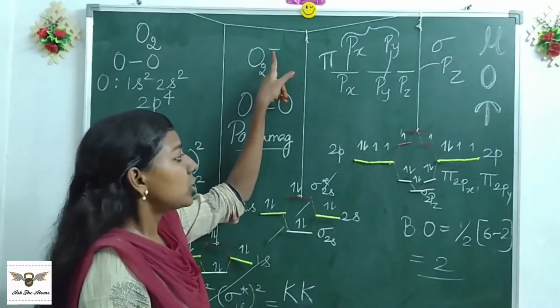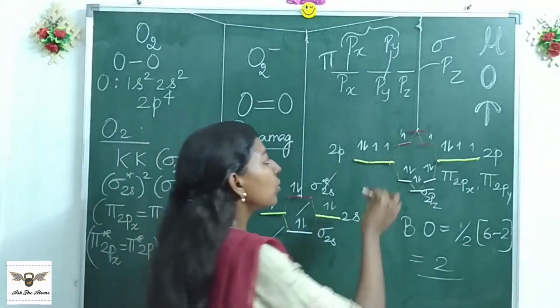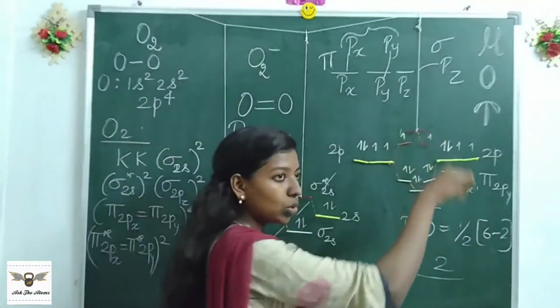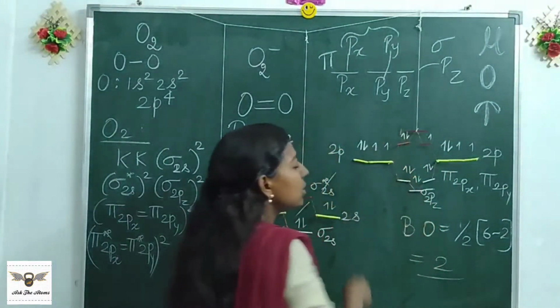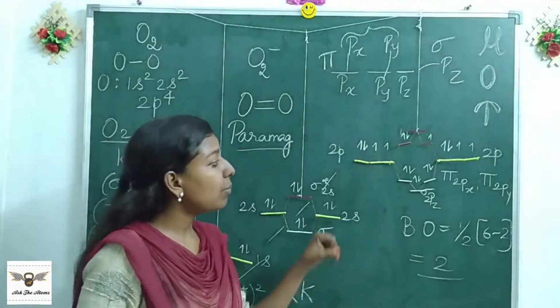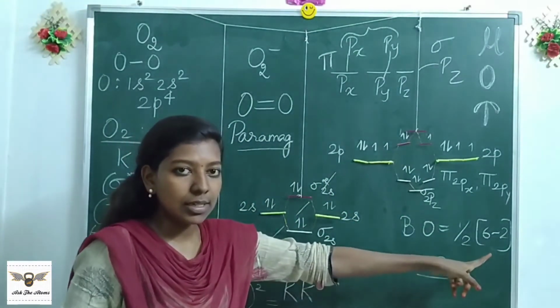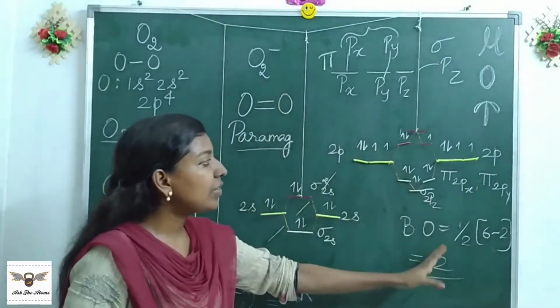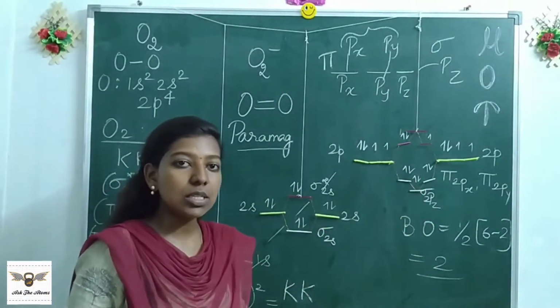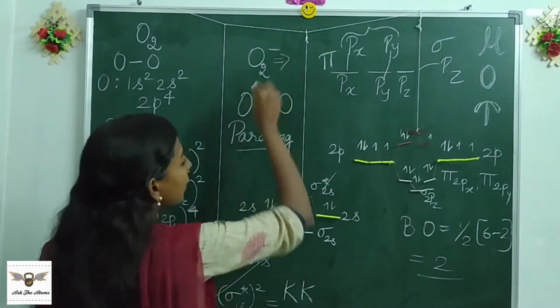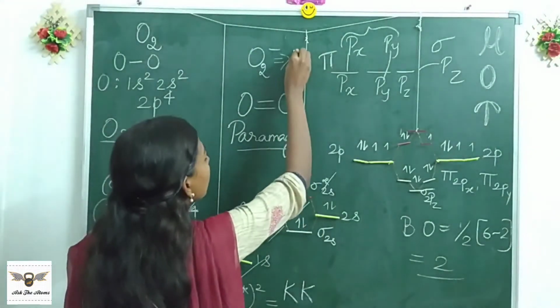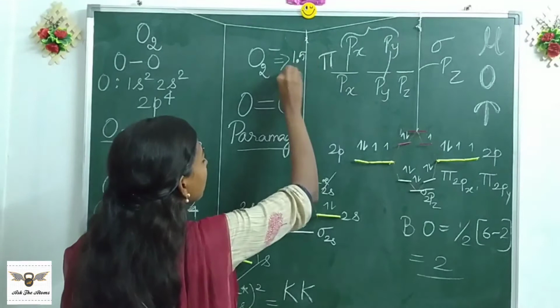The minus charge denotes one extra electron. So in the same MOT, I am going to put one electron extra. Now the calculation changes. For O2 minus, it is half into 6 minus 3, which is 1.5.